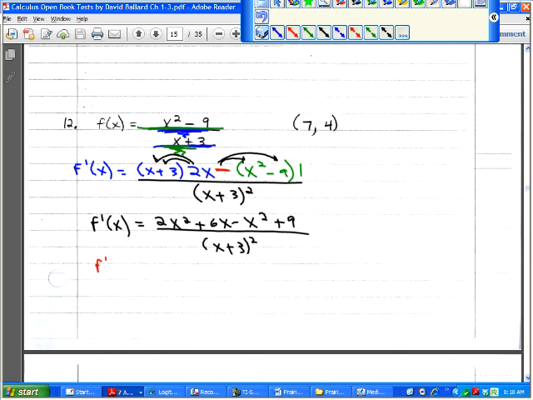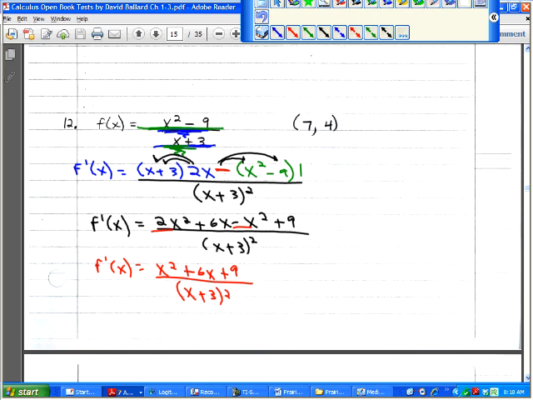And then we're going to have f prime of x is equal to 2x squared minus x squared is x squared plus 6x plus 9 over x plus 3 quantity squared.